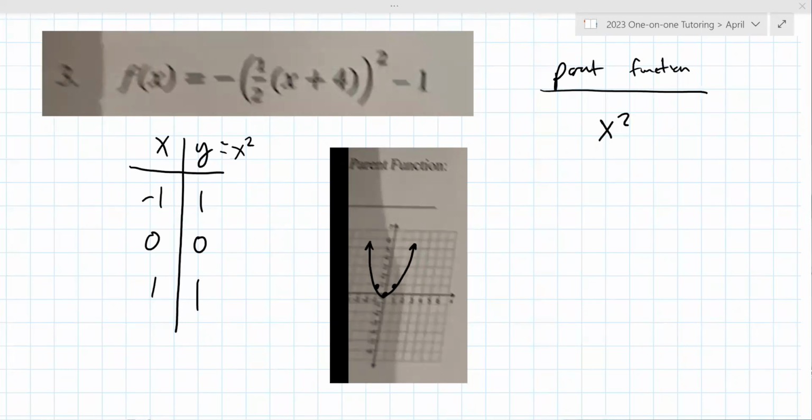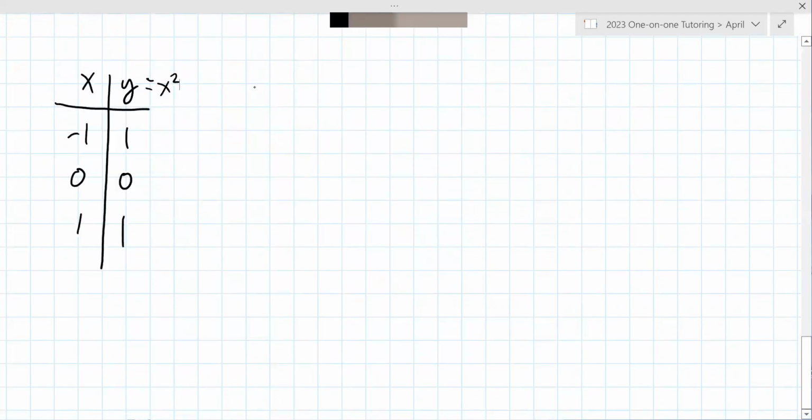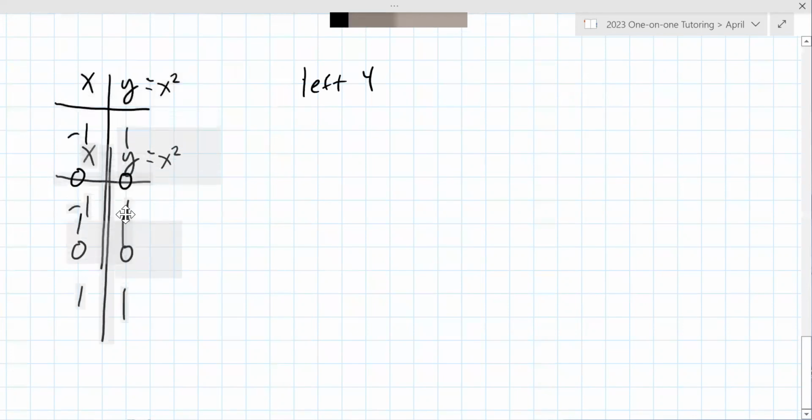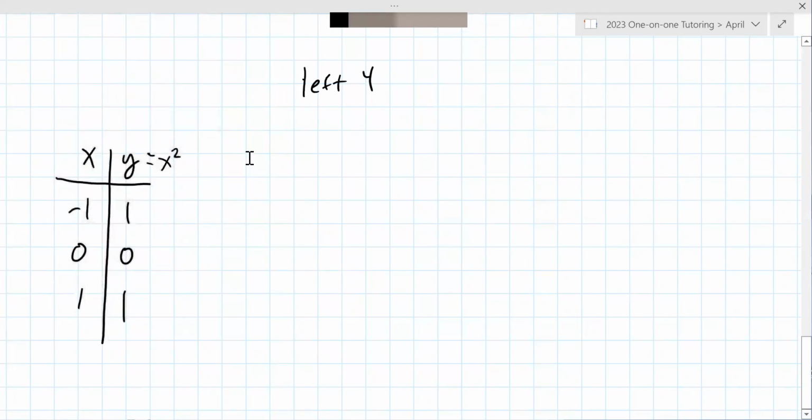All right, so the next thing we're going to do is the first transformation. The first transformation is the x + 4, okay? That means you're going to go left 4. Does that affect the x or the y value? The y value.